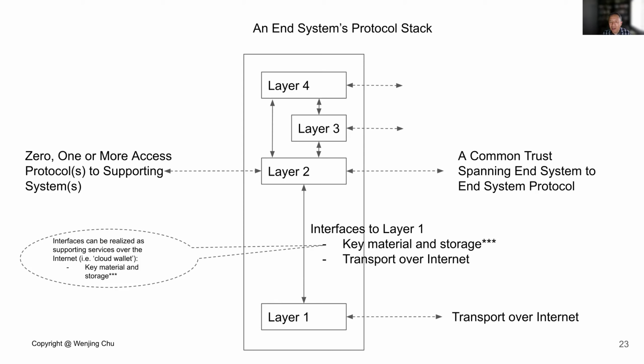In addition, layer 2 needs to implement a trust spanning protocol, and that's the main part, using a support system to implement a DID, and then implement the functionality required in the trust spanning protocol, and do that purely based on the interface to layer 1 only, and shouldn't really need anything else.